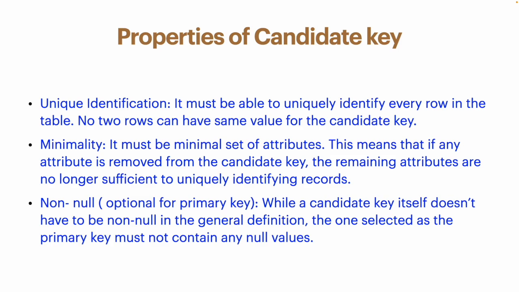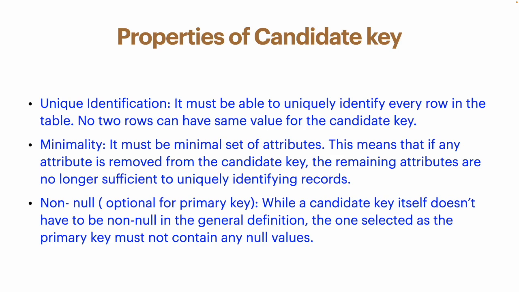Let's remember the properties of a candidate key. Unique identification: it must be able to uniquely identify every row or record in a table. No two rows can have the same value of candidate key. This is important. Minimality: it must be a minimal set of attributes. This means that if any attribute is removed from the candidate key, the remaining attributes are no longer sufficient to uniquely identify the record. What do you understand by minimality?